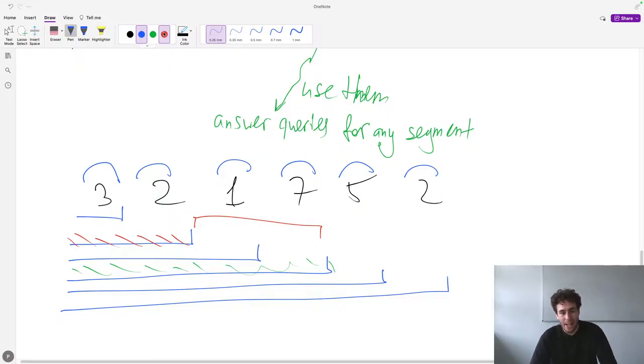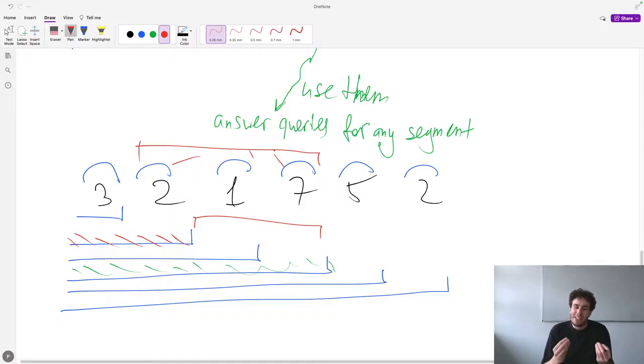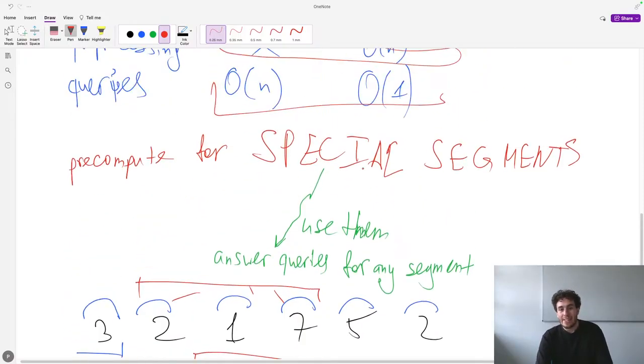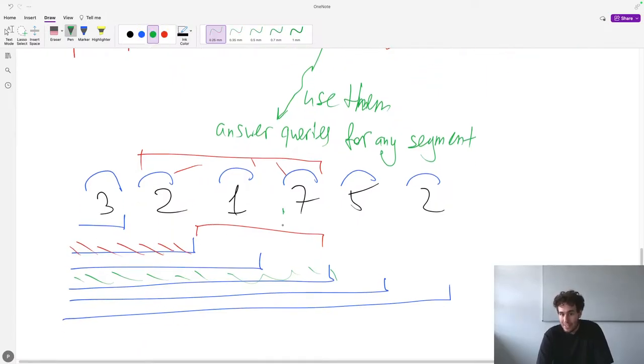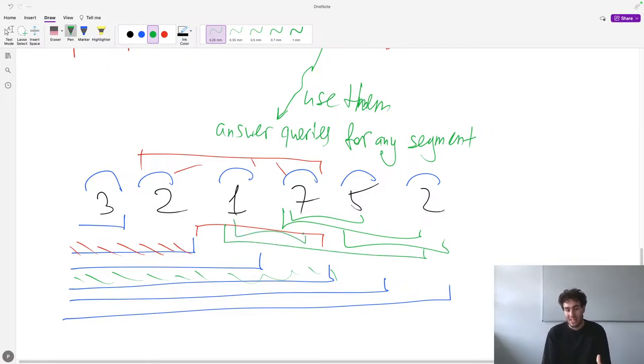And then if I have a query segment, I just combine this linear number of pre-computed segments. That sounds kind of dumb, I understand, but you can think about it in this way. And if you do a lookup table, in this case, you explicitly store answers for some number of segments, but actually this number of segments is all segments. So for all segments, we store the answer.